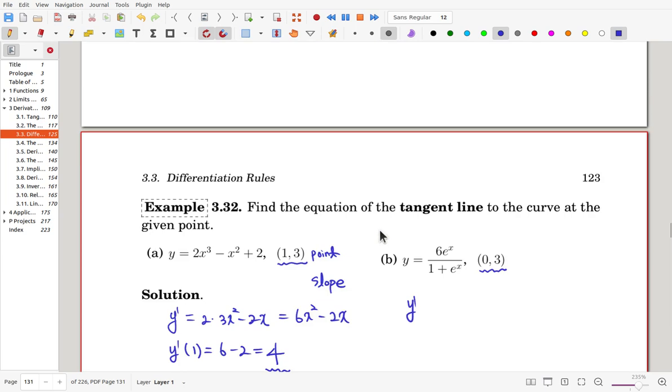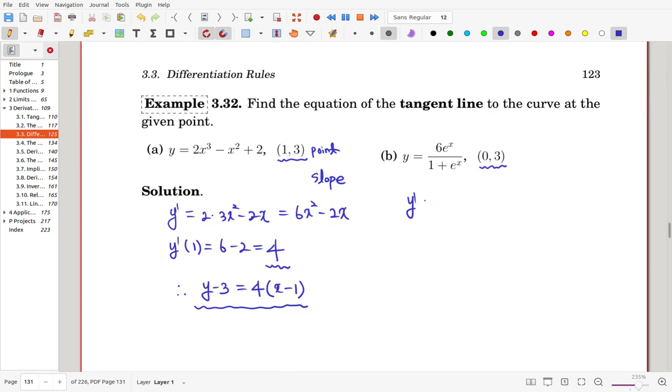So already we know the derivative. When x equals 0, that is 6 times 1 divided by, e to the 0 is 1, 1 plus 1 squared. So it's 6 over 4, which is the same as 3 over 2. Okay, we found the slope.